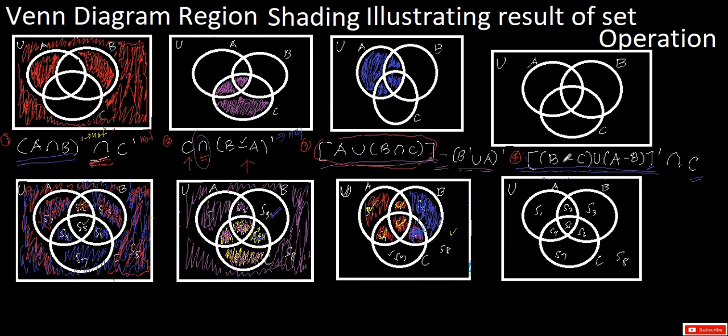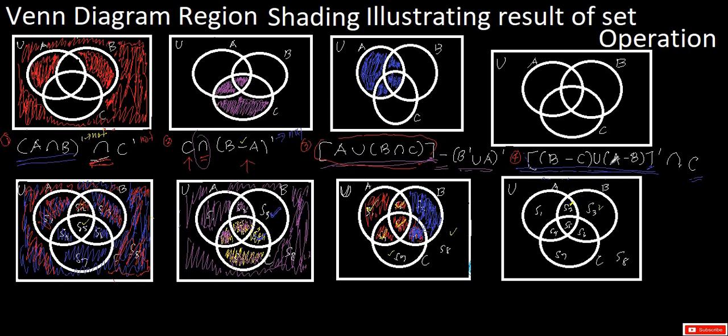Okay, so what are the regions that belong to B minus C? So B only but not C. So we have here B only but not C. We have S sub 2 and S sub 3. So I am checking it using the yellow color.